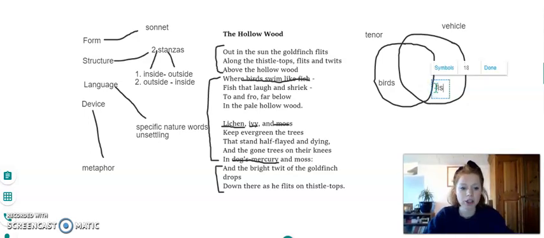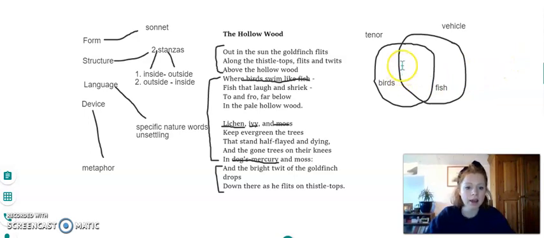So that's fish. The birds are like fish. Now in the centre are all the shared qualities that these two objects share. And then outside we have the things that they don't share, which we call tension. So tension are the things that they don't have in common, and here we have the shared qualities.